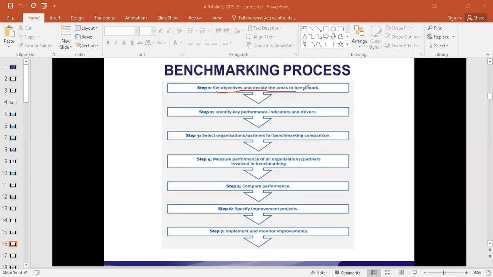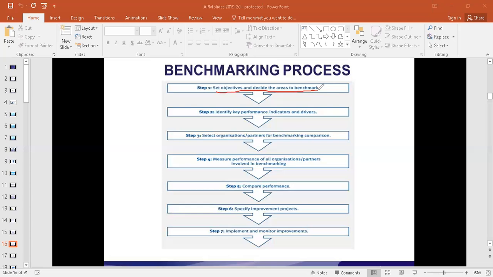So that's the first one, set objectives and decide the areas to benchmark. After this is decided, what is the purpose behind it? Maybe it is about cost control, maybe maximizing profit, their activities, deliveries, productivity, customer satisfaction, multiple areas where they can measure performance.